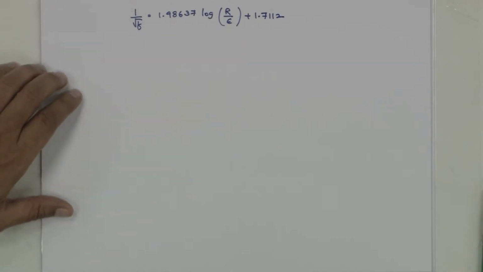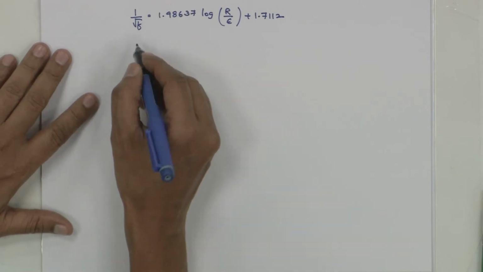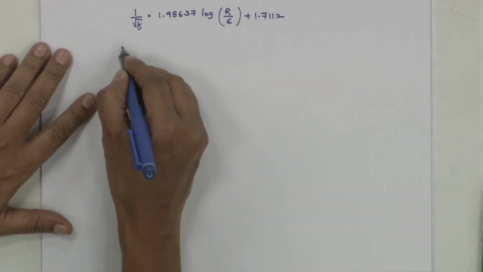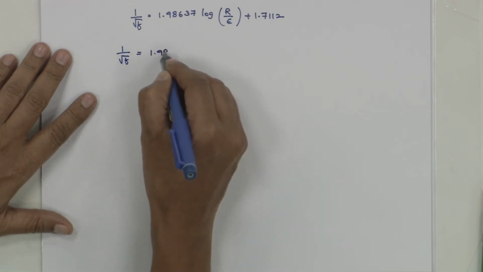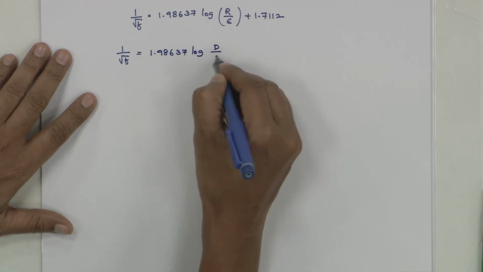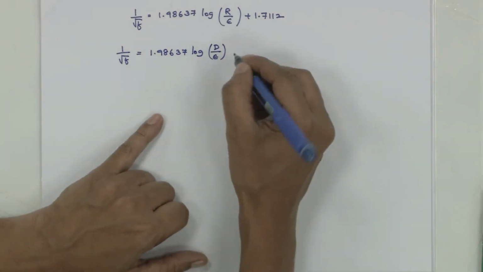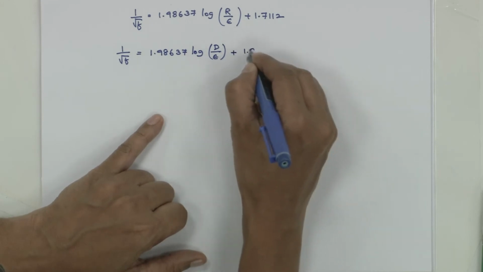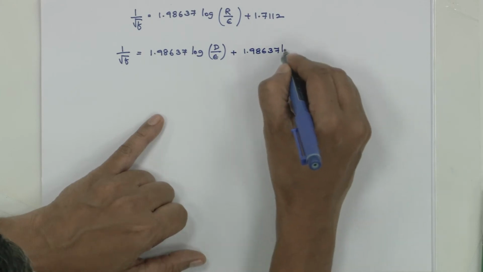Now what will I do is I will just write this as 1 by root f equal to 1.98637, and I want to write this as D by epsilon, that is I have multiplied and divided it by 2. If I divided it by 2, I have to add 1.98637 log of half.